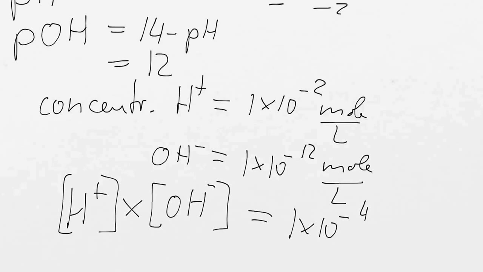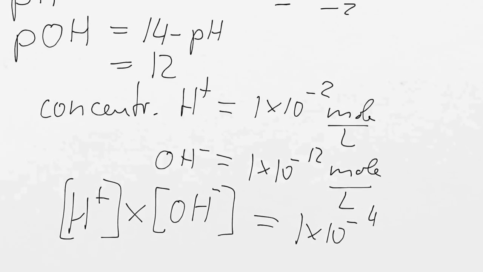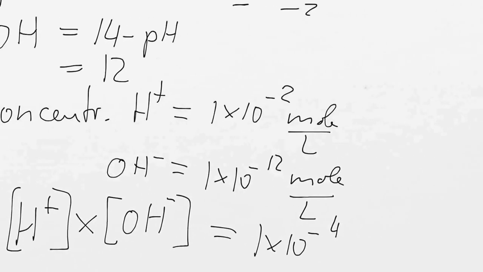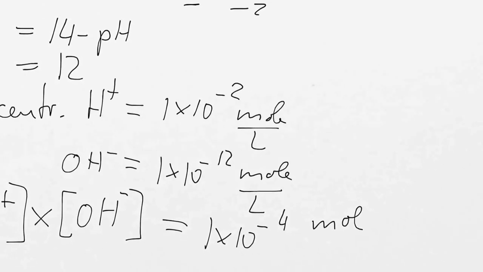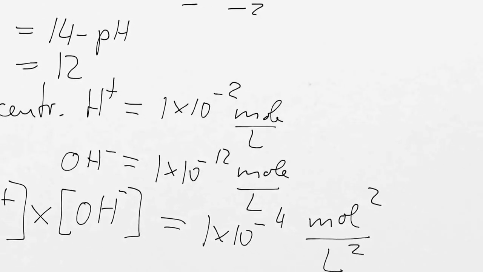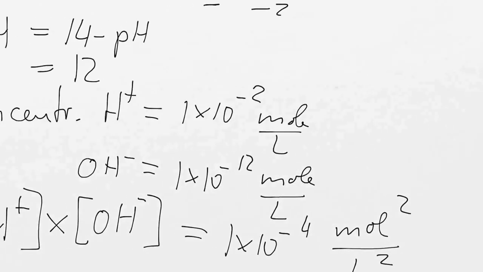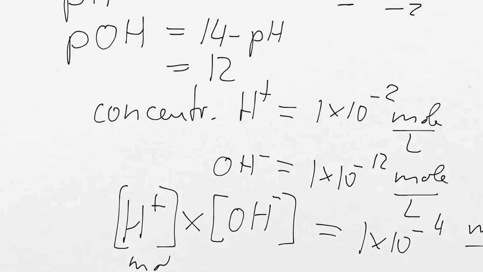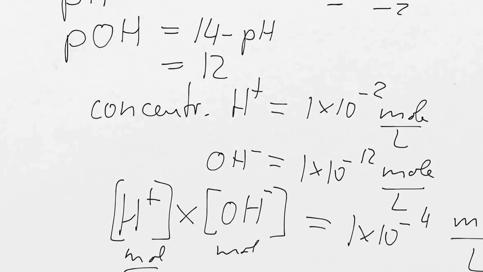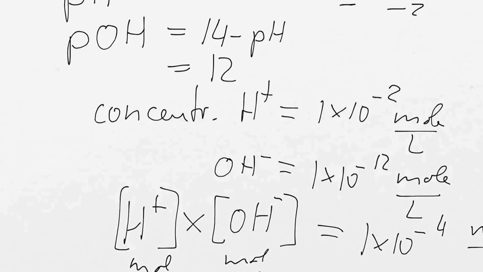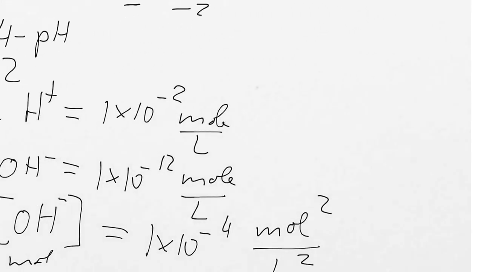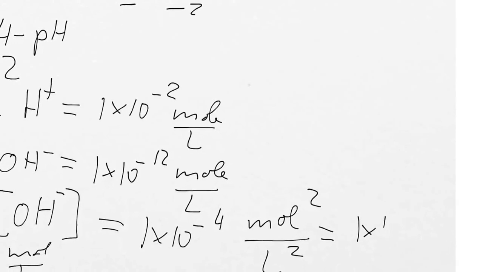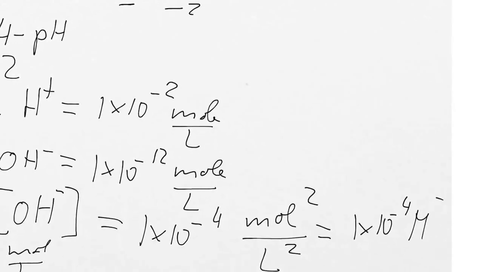Mole per liter. It would be moles squared per liters squared, isn't it? Because we have the unit mole per liter here and mole per liter here. So I can also write this as 1 times 10 to the minus 14 molar squared.